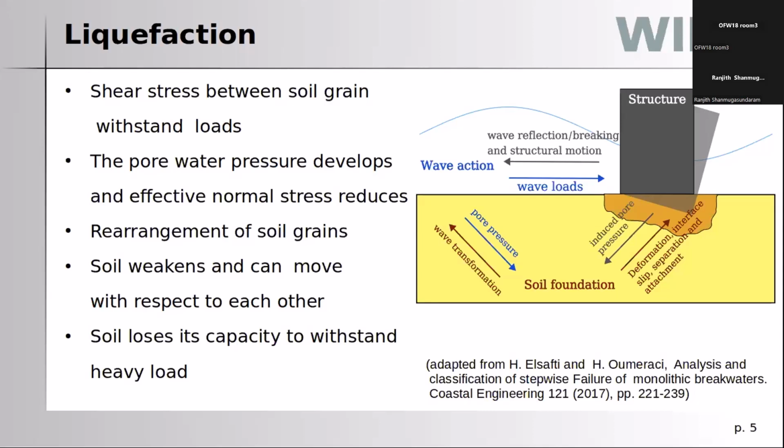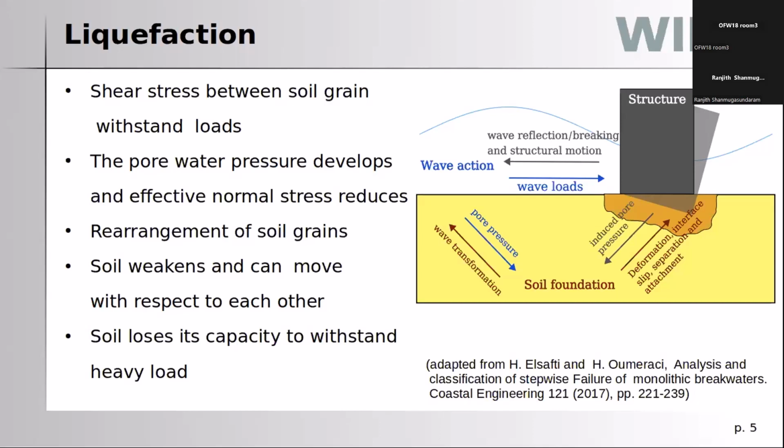This bonding is helpful in order to withstand heavy loads, for example the structure shown here. Once the soil gets liquefied, the pore water pressure increases, the shear stress increases, and then it breaks after some time. That is when the soil starts to behave like a highly viscous fluid.